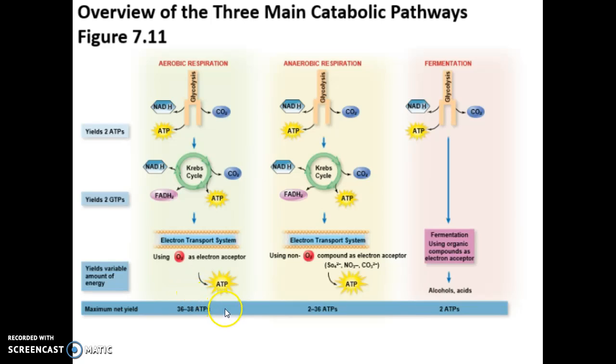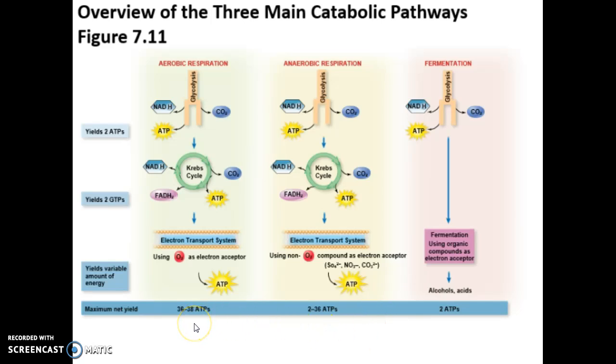And in that process, make water. In anaerobic respiration, oxygen is not available, and so then you have some other component, all right, these options down here, that are going to be the electron acceptor and produce other compounds besides water.